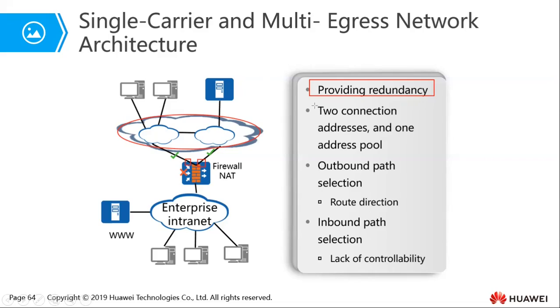Now, for each of these interfaces, you'll need a public address. So you need two connection addresses and at least one address pool. So you'll have to configure at least one NAT address pool here, so that the NATing can be performed on either. Now, when traffic is going outside our network, what you're calling outbound, we can use routing to identify the path through which the traffic will pass as it goes to the internet.